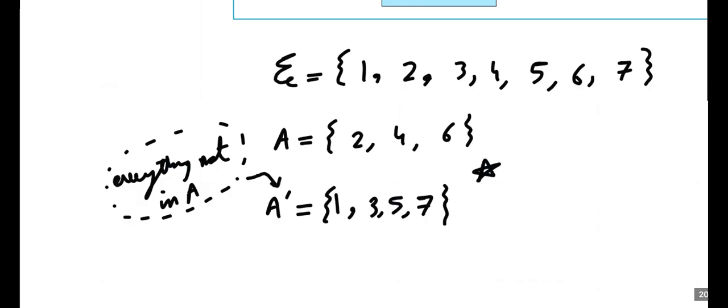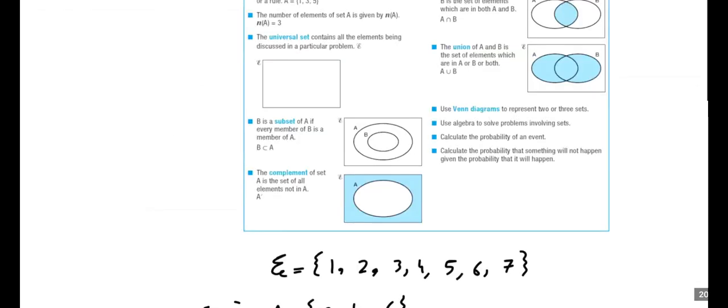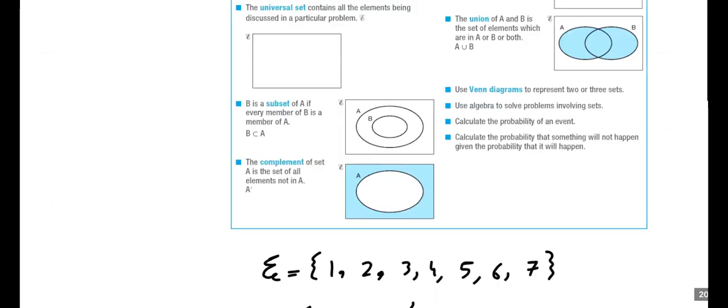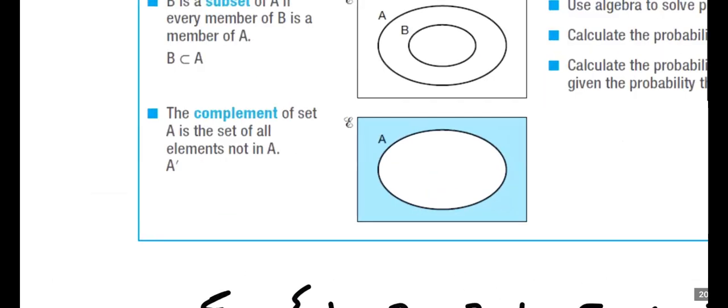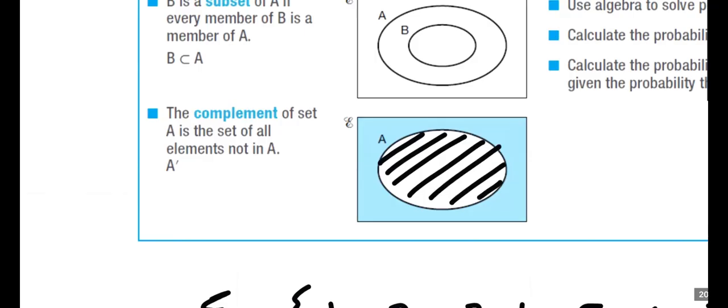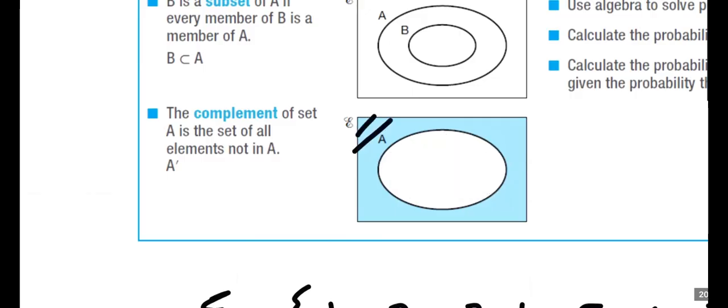No. Okay, good. Now, how does it look on a Venn diagram? For example, this is set A, right? So A complement will be everything outside of A, basically. Does that make sense? Okay.